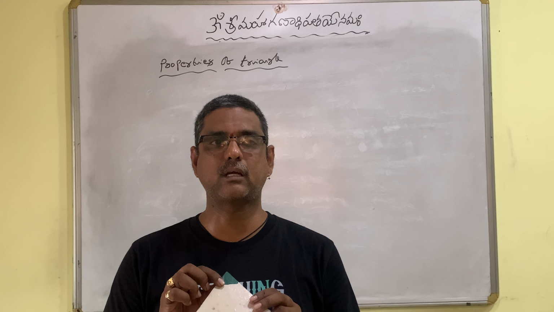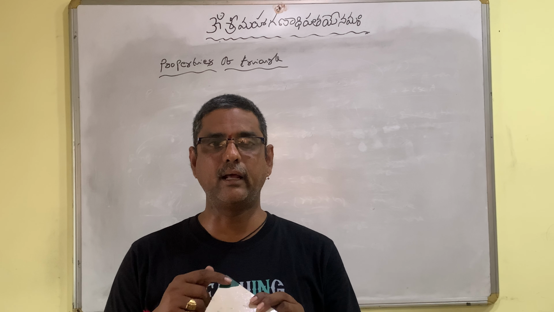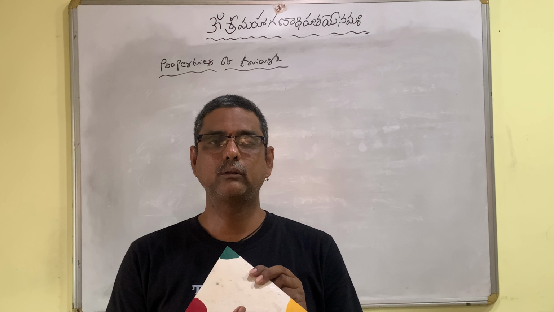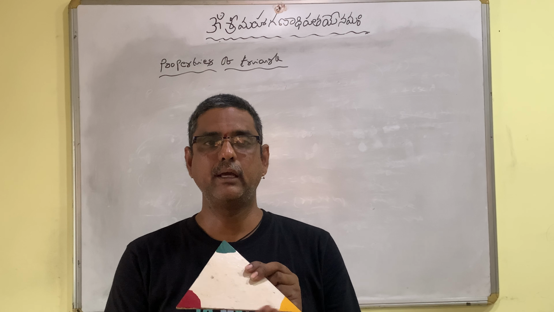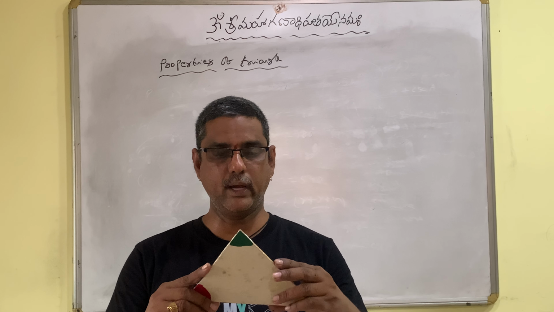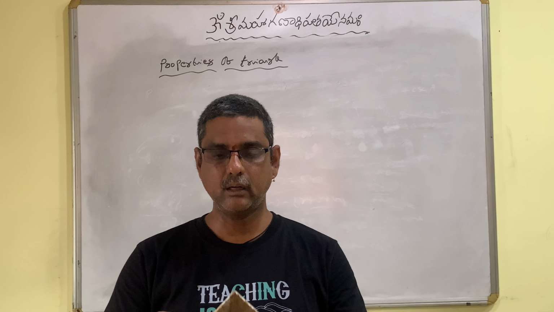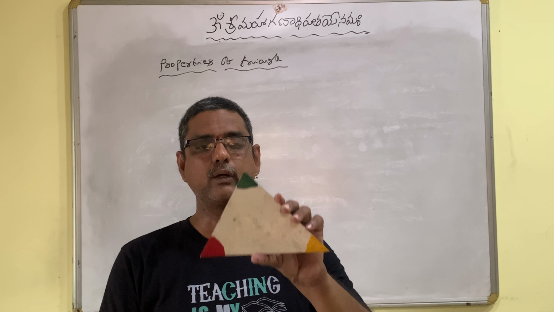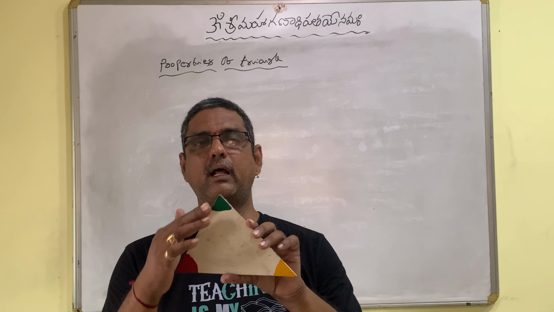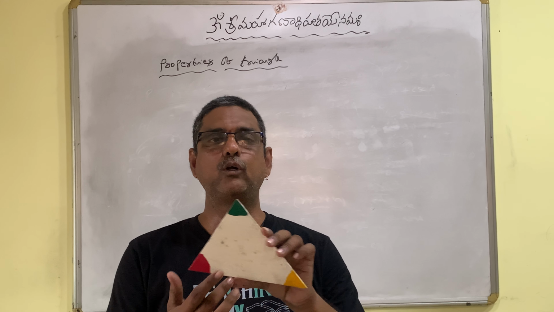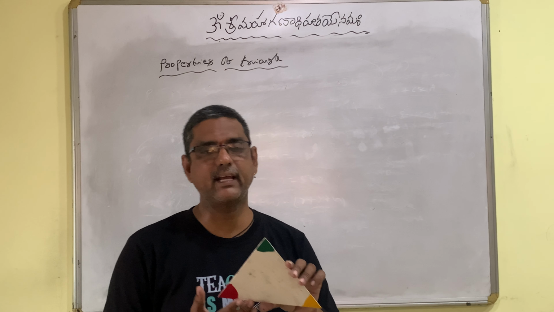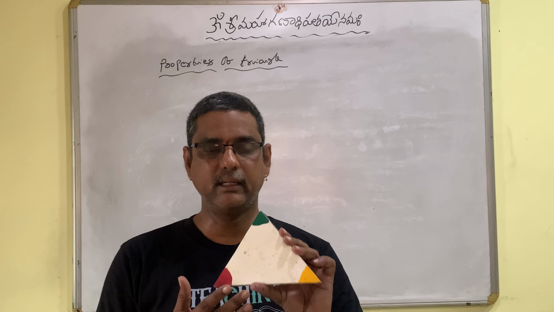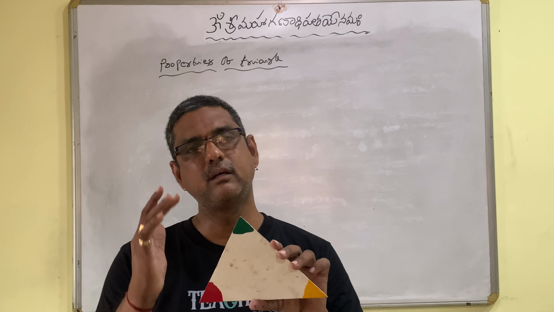Next, the angle colored yellow is the smallest one, and the side opposite to the yellow angle is less than the remaining two sides. So we can say that the side opposite to the greater angle is greater, and the side opposite to the smaller angle is smaller.